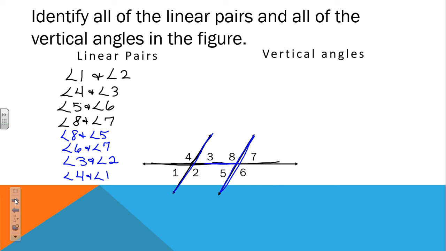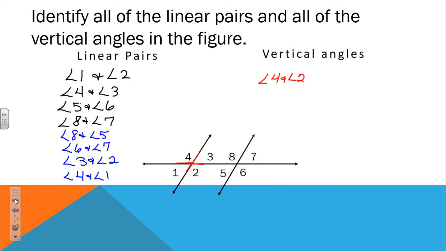Can you tell me one pair of vertical angles? 2 that only share a vertex. Very good. 4 and 2 only share a vertex. They're 2 angles that share just a vertex, one common vertex. Once you get on a roll, it gets easier.